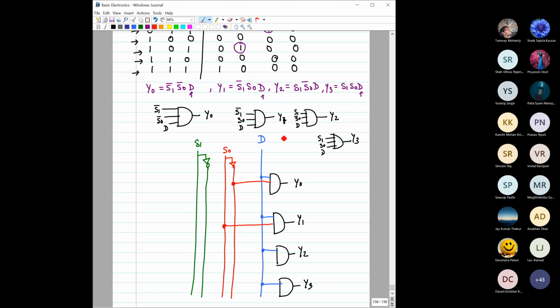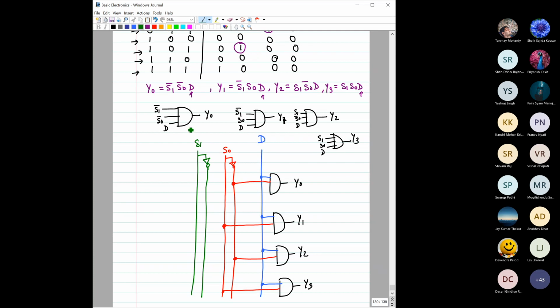Then for Y2, you have this S0 bar again, and here it will again get altered. It will be connected like this, right?